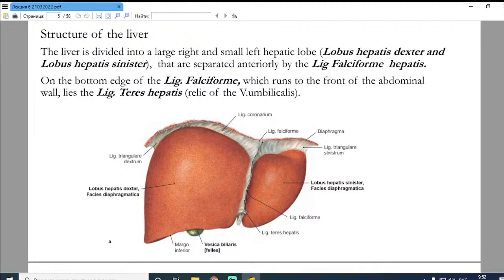On the bottom edge of the ligamentum falciforme, which runs to the front of the abdominal wall, lies the ligamentum teres hepatis, a relic of the vena umbilicalis.